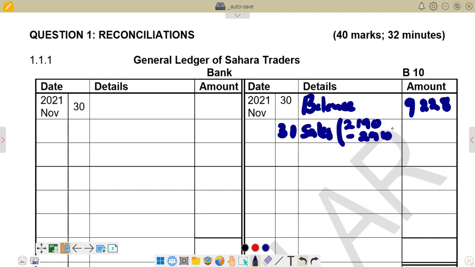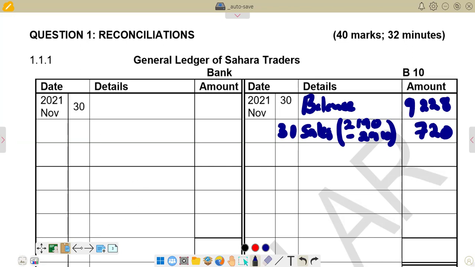Obviously, we're going to get a negative, but we're going to put it as a positive there. It's going to be 720. So if you subtract the two, you get your 720. This is the correction that we are making in terms of updating the ledger of the bank account.